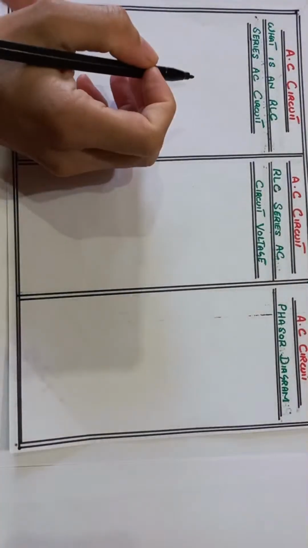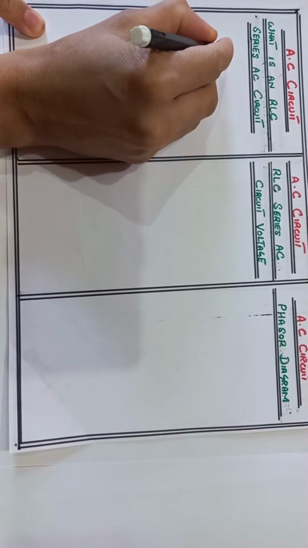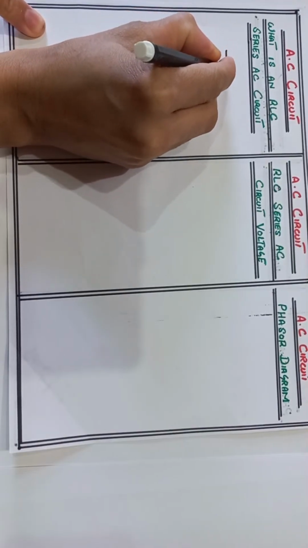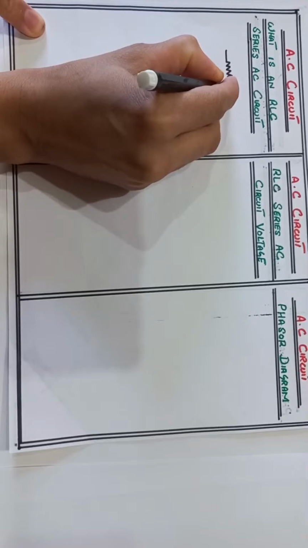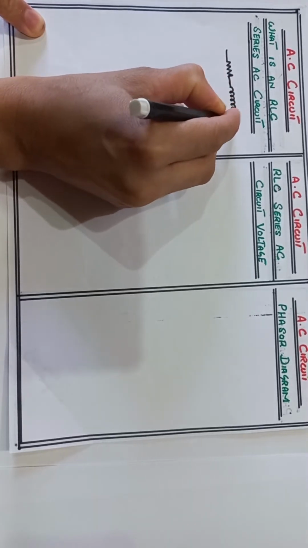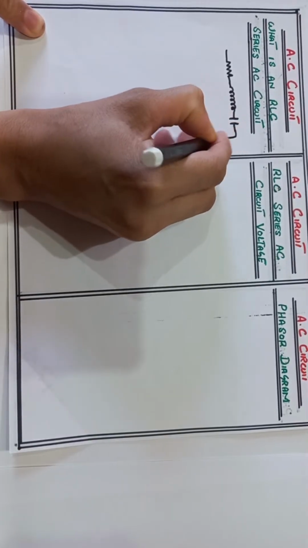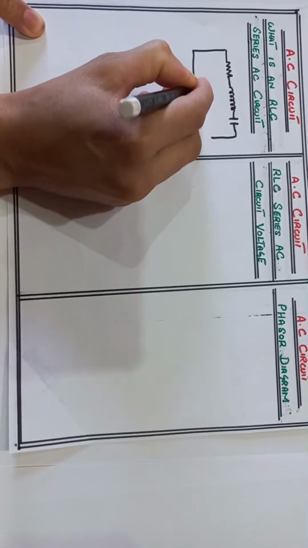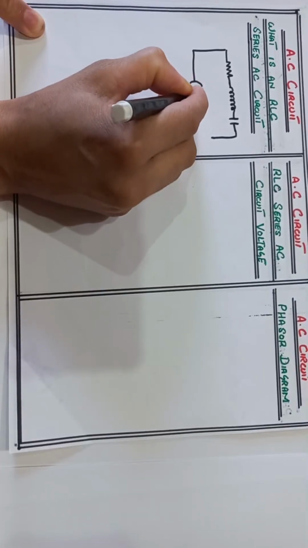In an RL series AC circuit, we take the resistor R, inductor L and capacitor C in series and apply the alternating voltage.